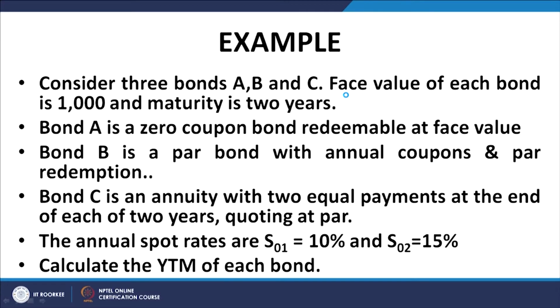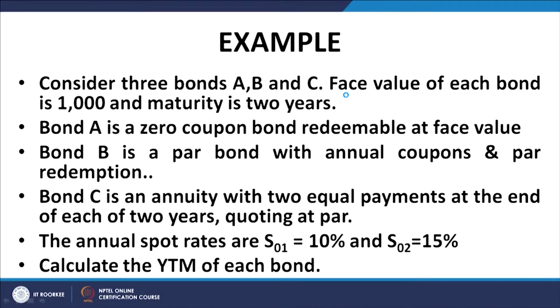The total cash flows from an investment in bond C would be equal in the first year and in the second year. In other words, both payments would comprise coupons, interest, as well as a certain amount of principal redemption.